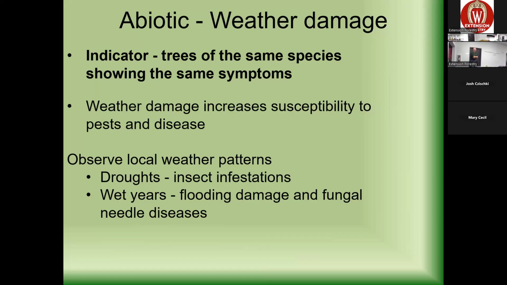When we have these weird weather events, extended droughts, and some areas up here have been hit worse than others with the droughts, insect infestations many times will follow that. Wet years, we might have flooding damage, where we raise the water table enough that you flood trees that don't like having their feet wet. And if they stay wet for a long period of time, trees are gonna die.